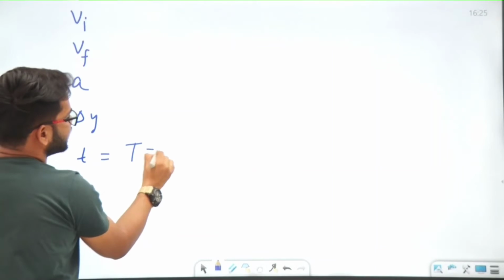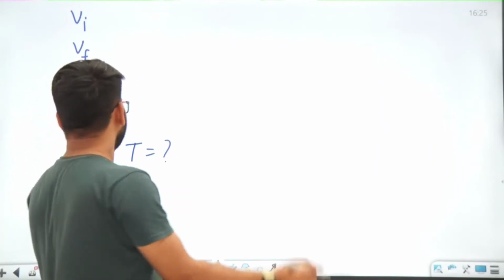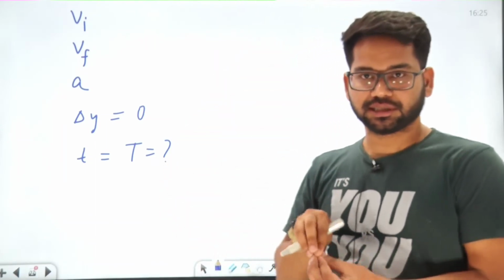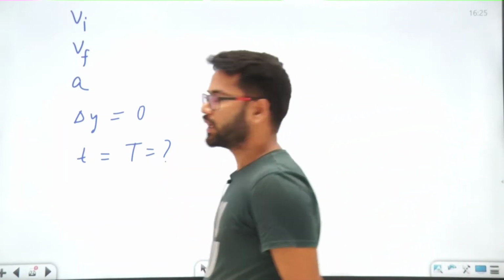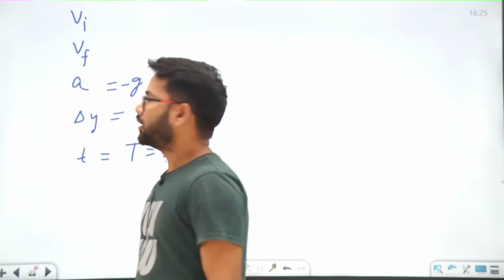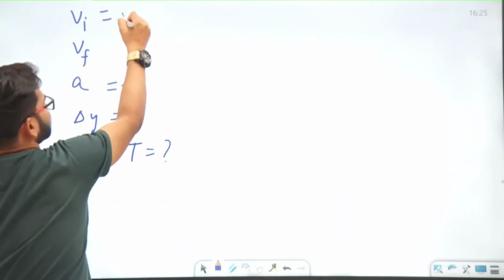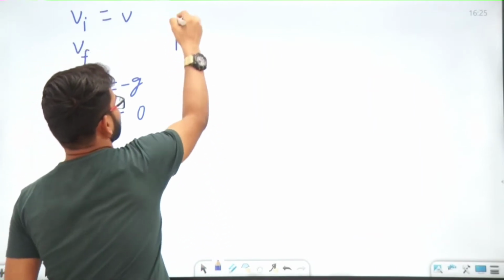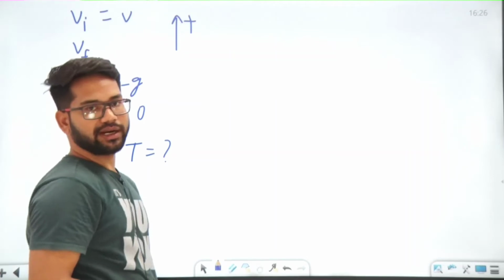We are interested in finding the time period. Since it comes back to the same position, what will the displacement be? 0, and acceleration is minus g, right? Initial velocity is some velocity V in the upward direction. We are taking upward as positive.